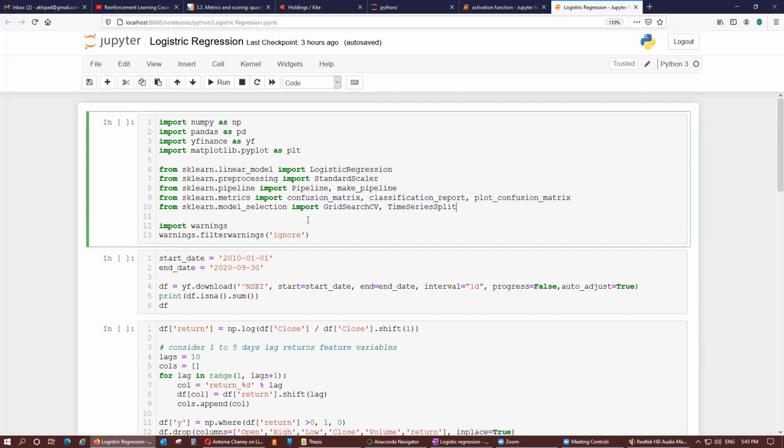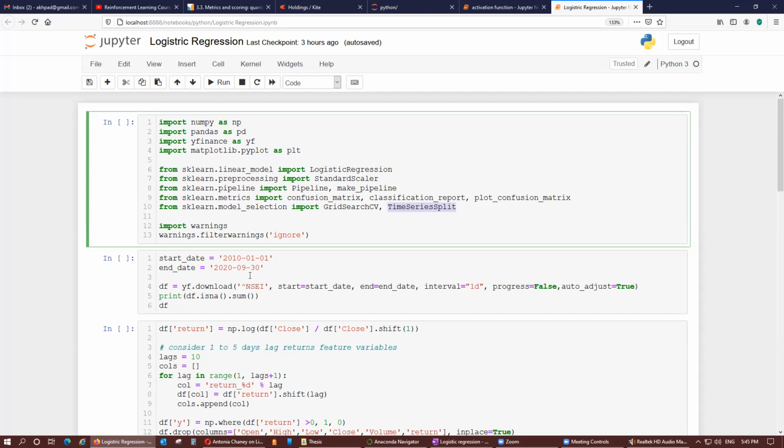And here in model selection is the grid search CV, grid search cross validation, and then TimeSeriesSplit, because we are dealing with financial time series. So while doing cross validation and to hyper tune the model, we need to do the time series cross validation.